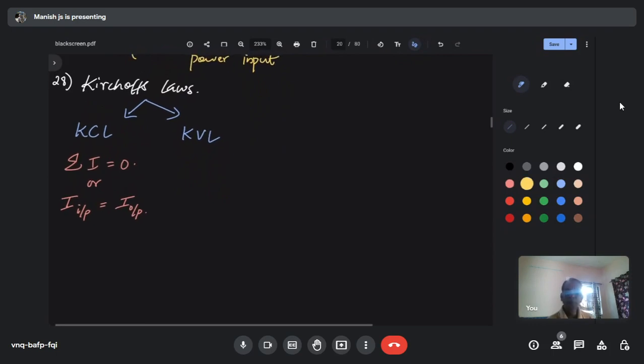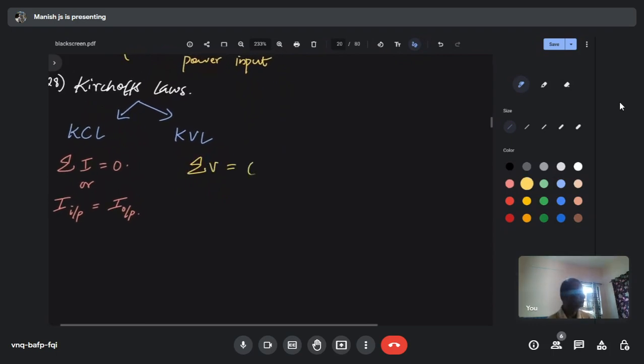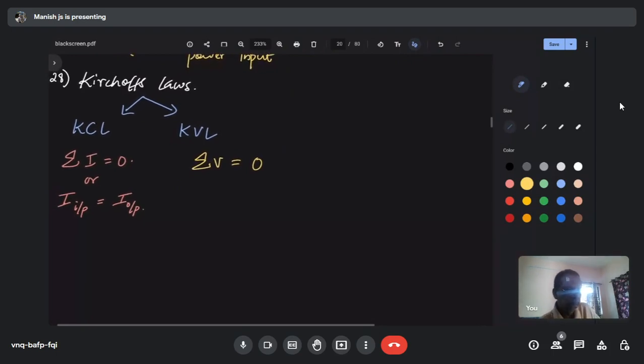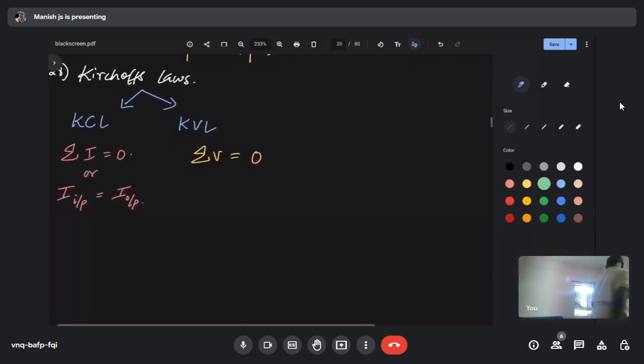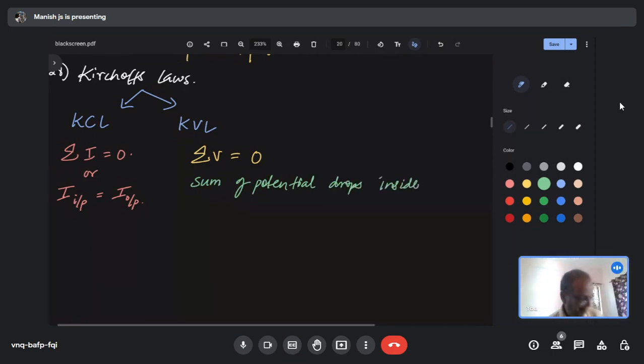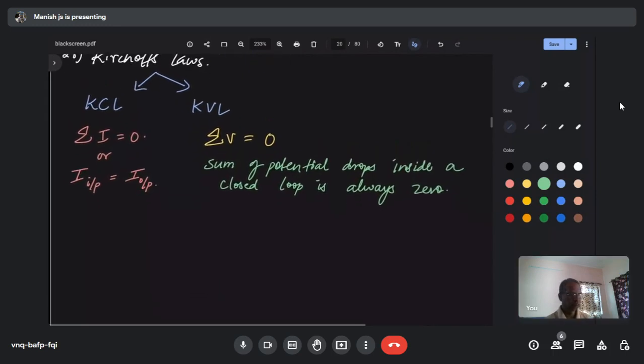Same way for Kirchhoff's voltage law, the sum of the potentials in a closed loop is going to be 0. So sigma V is going to be 0. So that's about the Kirchhoff's laws.